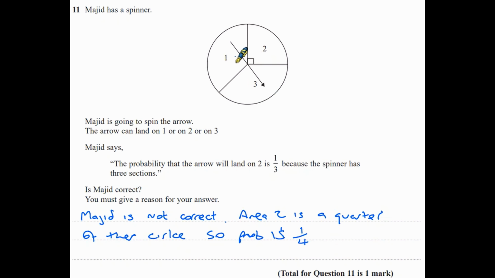Okay, so think of that again. If the angle is 90 degrees, it is only 1/4 of the circle, so the probability that it will land in that area is 1/4. Or, had it been 1/3, then all these angles would have been the same, and the sizes of each area would be the same to make it 1 in 3 for each number.